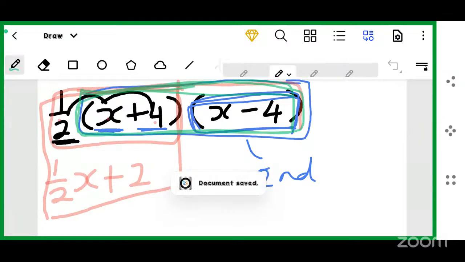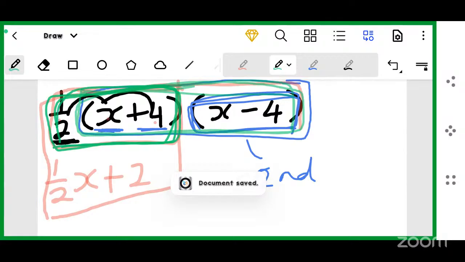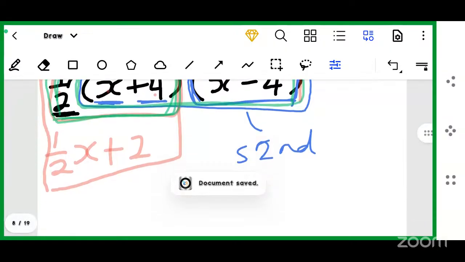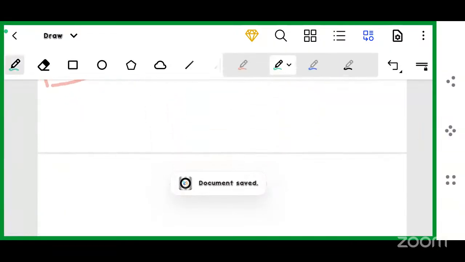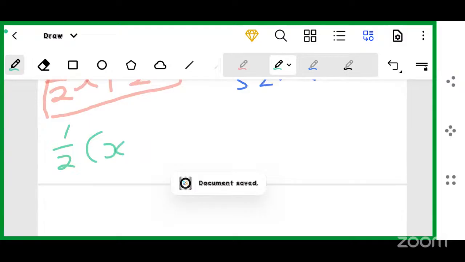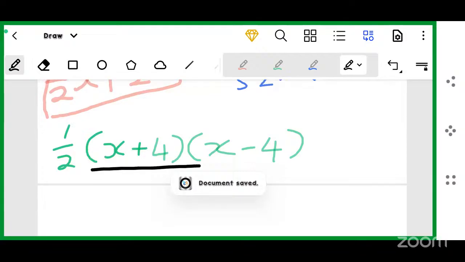We could choose to work this one out, but this one is very confusing if we start by working this one. Hence, I say we must firstly work out the brackets that are inside. So since you have 1 over 2, open x plus 4 plus x minus 4, for you not to get confused, all you have to do is try to work this one out first.